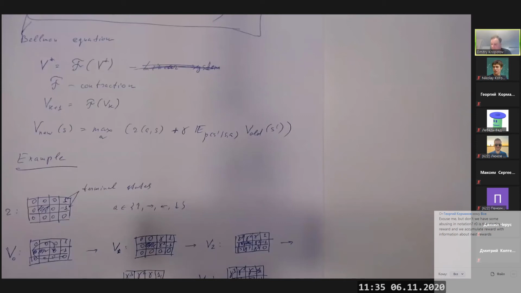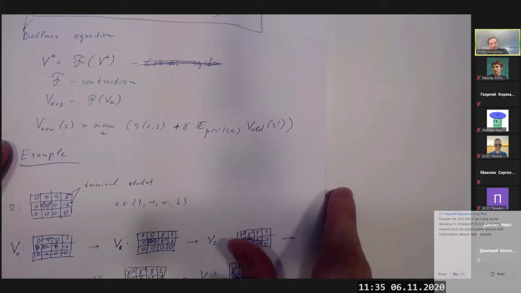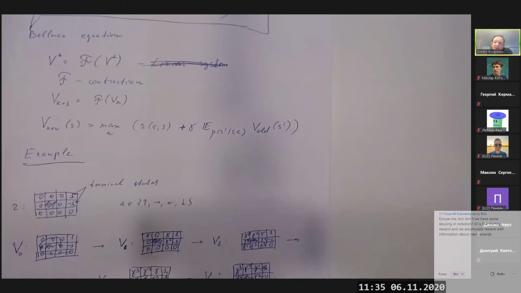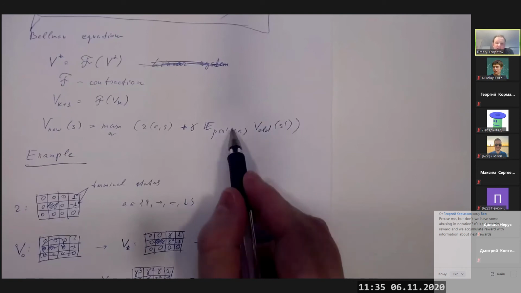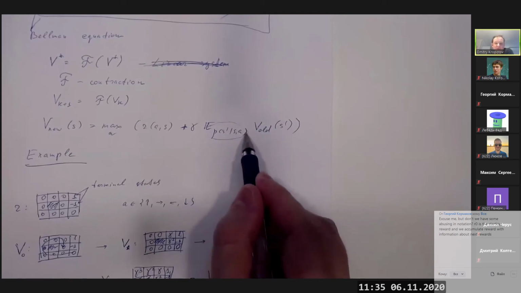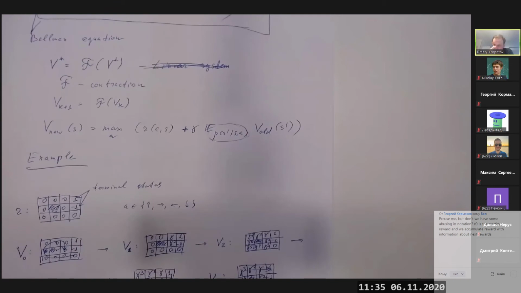Why so? This is because of several reasons, and the main reason here is that in real environments, you usually do not have access to the transition probability as a function. Because what is the transition probability? For example, for the case with a computer game, you should know, taking a screen at a particular time moment and some action from your agent, what would be the screen of the game at the next time moment?